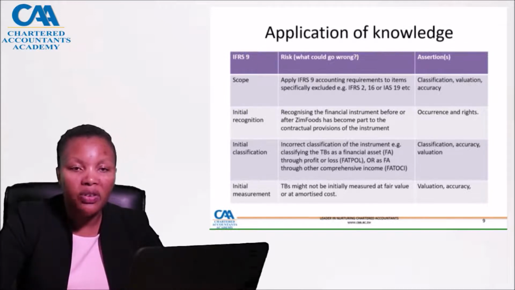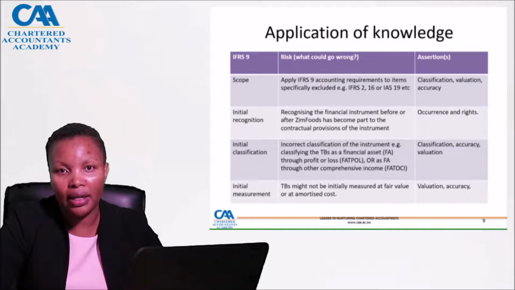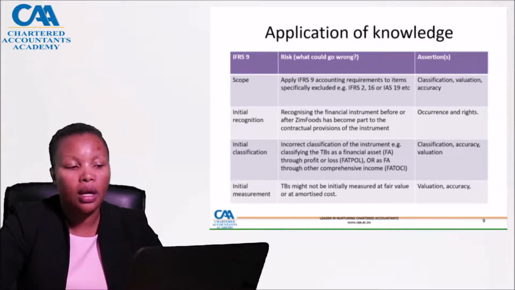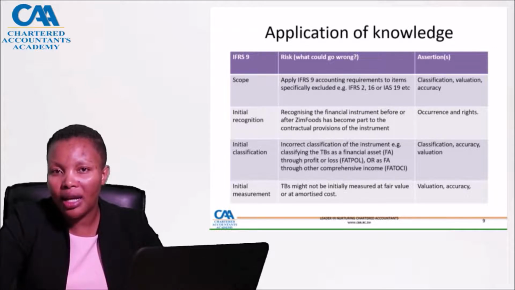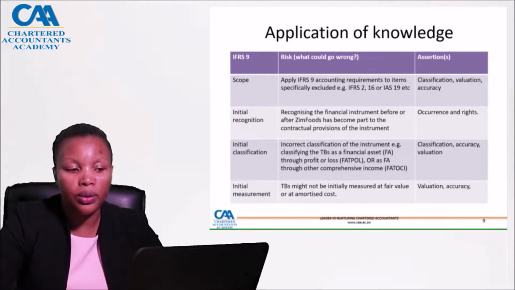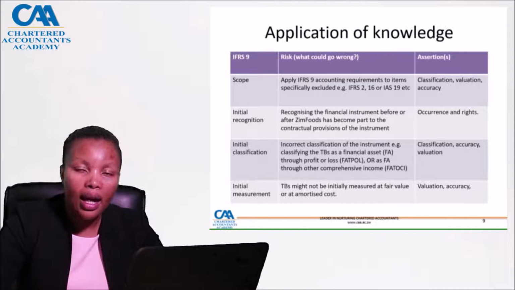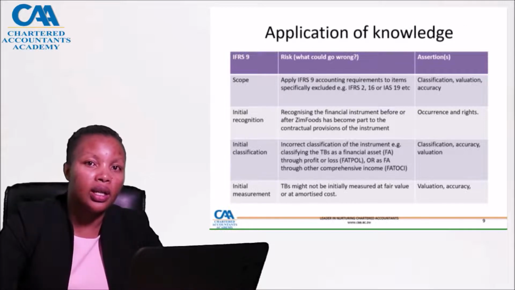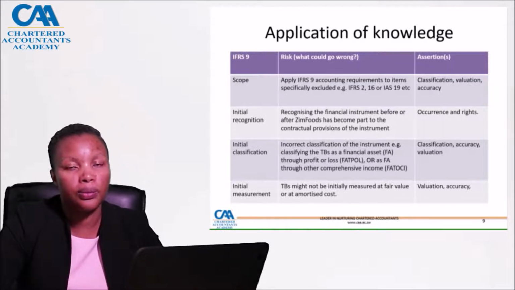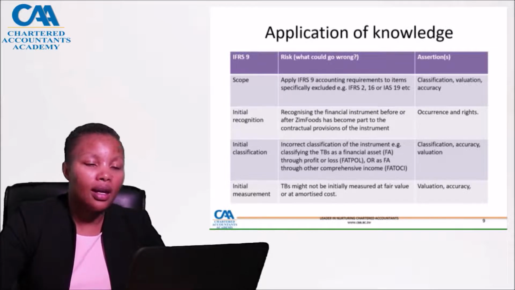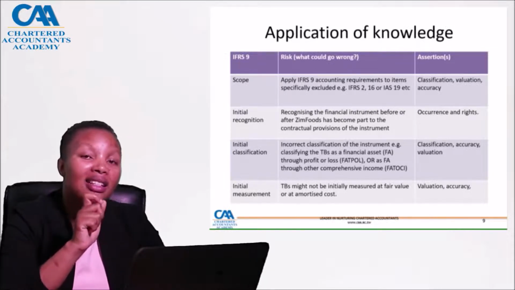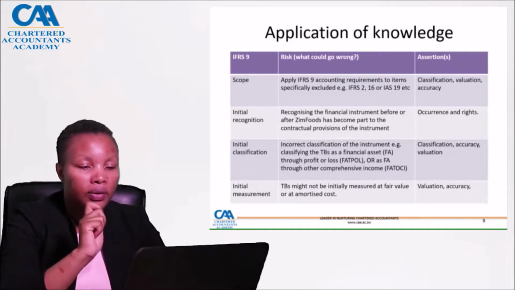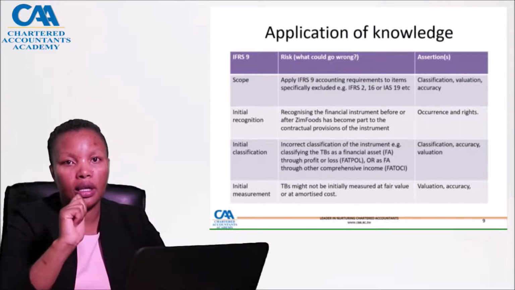If yes, it is classified. Is it correctly classified? Then if it is correctly classified, what's the value, which is valuation, and did we value accurately, which is the accuracy assertion. Remember, just classifying it, or just saying, is it falling under IFRS 9, is a risk.